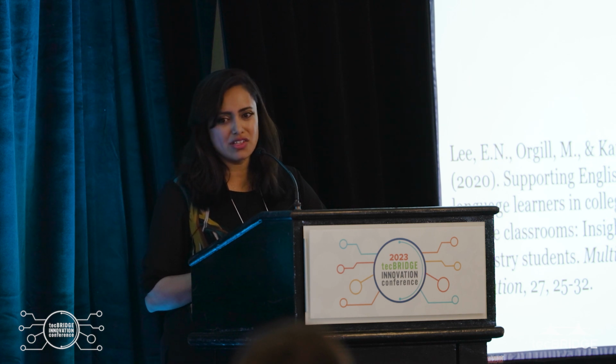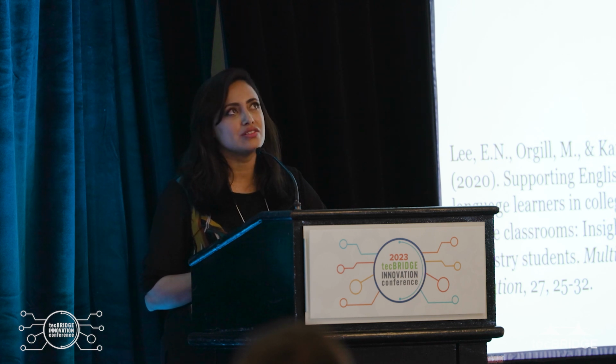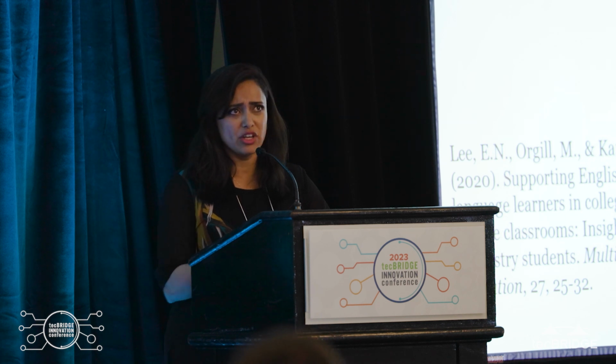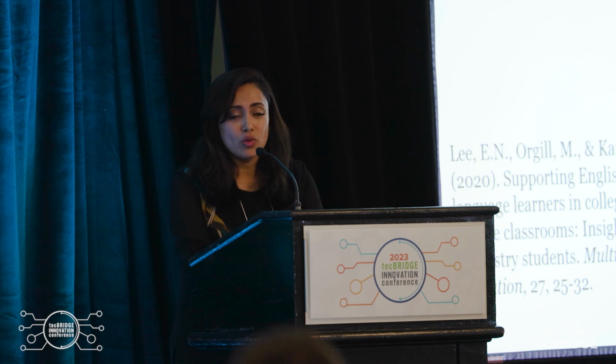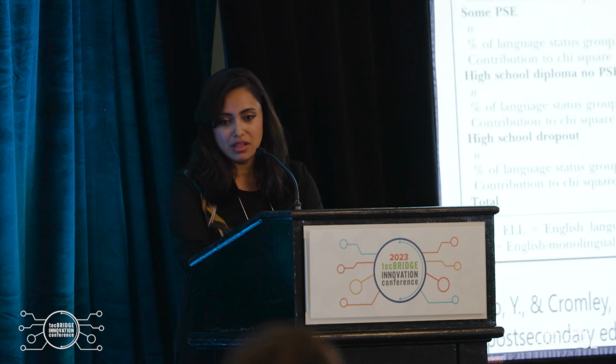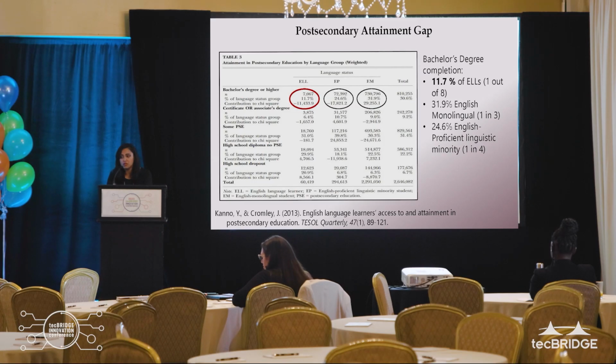And the long-term consequences are performance differences. Linguistic minority students tend to get lower grades in chemistry. They tend to get lower grades in really a lot of the introductory science courses. And then what we do see as a whole of this population is a persistent attainment gap.